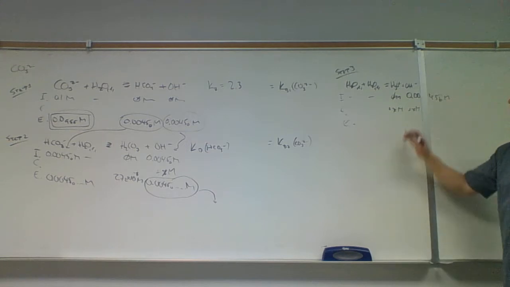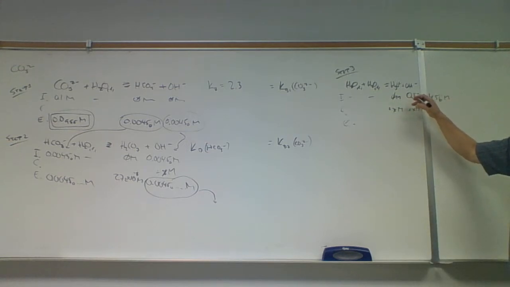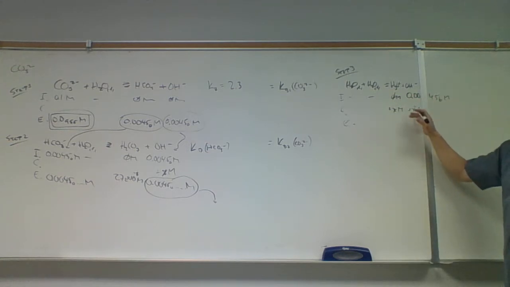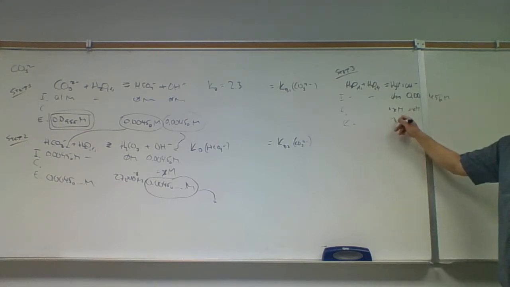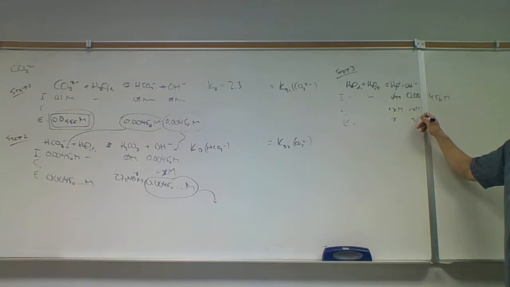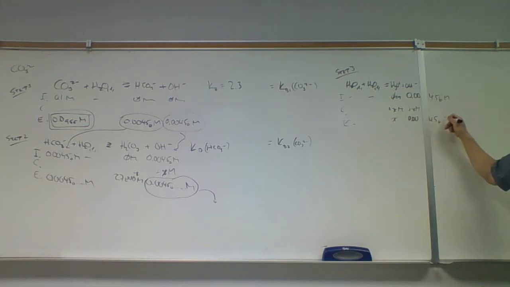It's not the case because we have a whole bunch of hydroxide here to begin with, and so we don't need nearly as much as 10 to the minus 7 molar. And so we have to calculate how much that is, and so this is going to be 0.00450 plus X here. Okay, then we'll solve this using Kw.